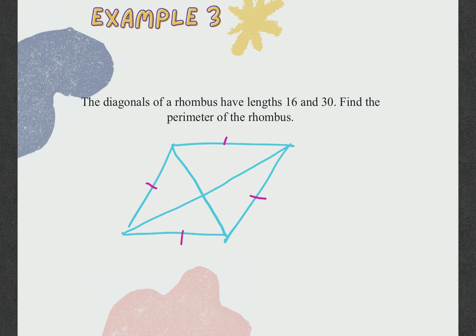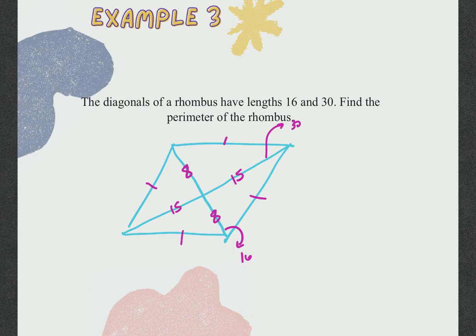What's true about their diagonals? They are bisected. So if one is 16, then this is 8 and 8. And if the other one is 30, then this is 15 and 15.